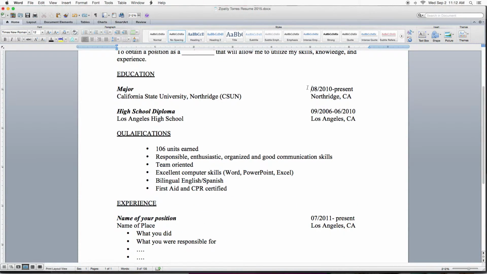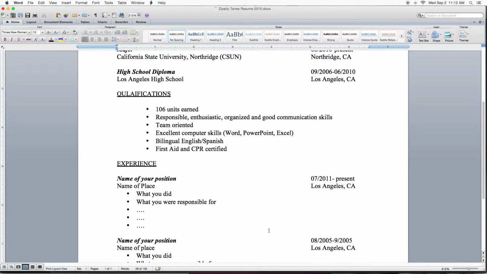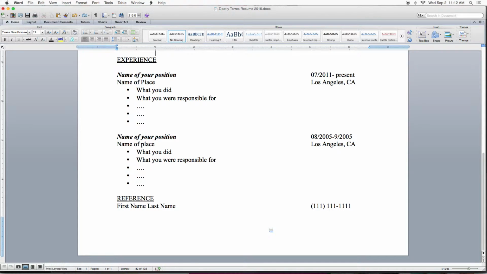You want to make sure that these are matching up with this. Don't make it all messy, with things not aligned. Make sure that everything's aligned neatly, and that way it makes your paper look good.